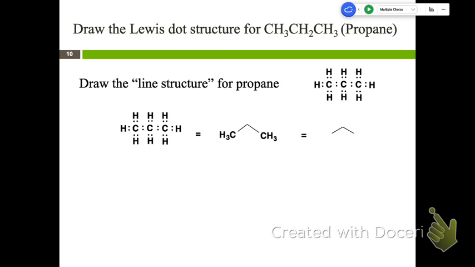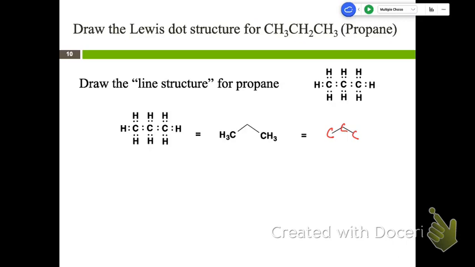In the middle of the molecule, carbon. And on the far end, carbon. 1, 2, 3 carbons, right? So basically we're doing this: carbon, carbon, carbon. Wherever a line starts, changes directions, or stops, is a carbon.